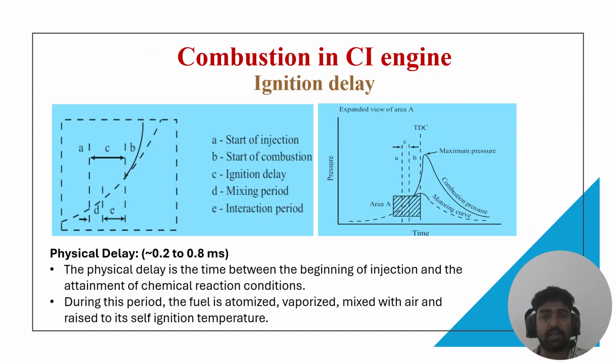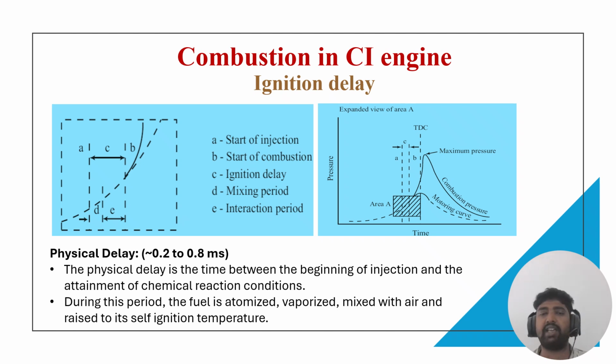Stage one is the ignition delay period. It is the time interval between the start of fuel injection and the start of measurable pressure rise due to combustion. During this period, several physical and chemical processes occur in sequence. The first is called the physical delay.